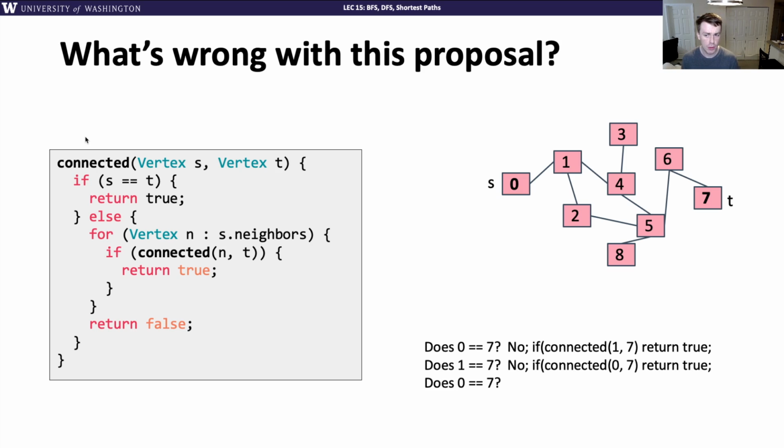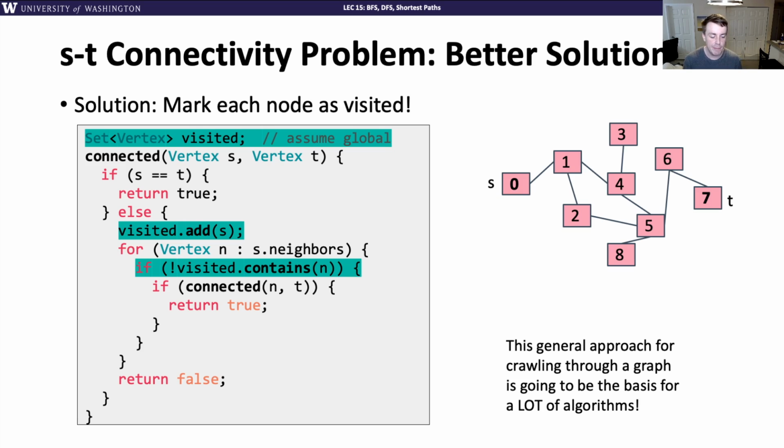In terms of the code, it tends to show up in one very common way, which is to just keep track of which nodes you've already visited. So keep track of a set of vertices, called visited, and just to keep my code on the slide simple, we're going to assume it's a field or a global variable, but you could also pass this around as another parameter into your recursive calls.